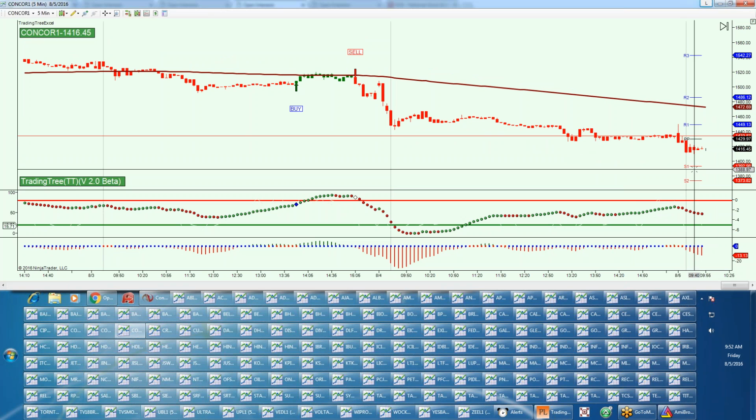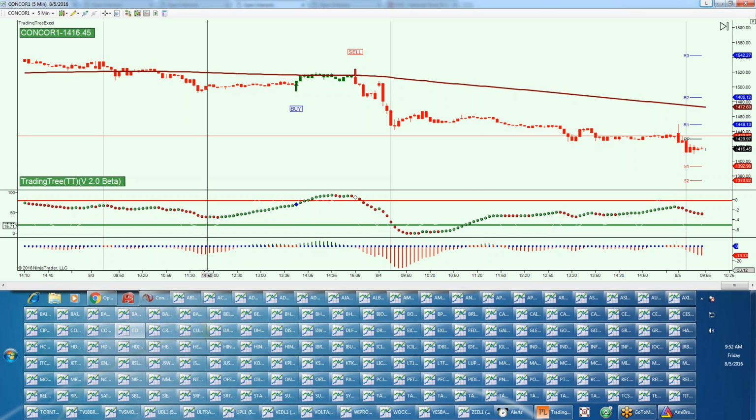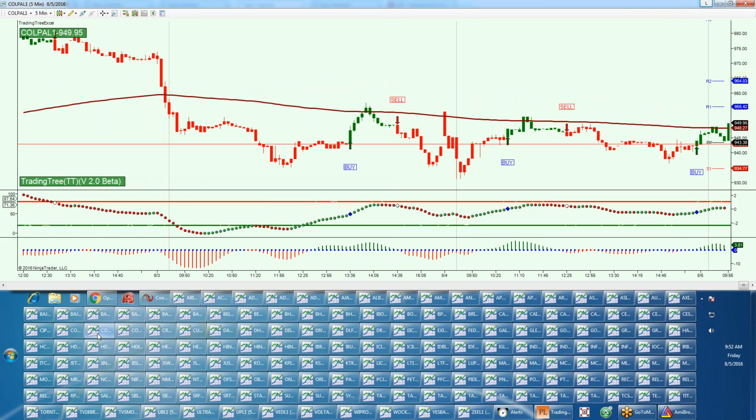So the downside for Container Corporation can be your S1, 1393. Colpal, you have this buy. The next target can be 955.